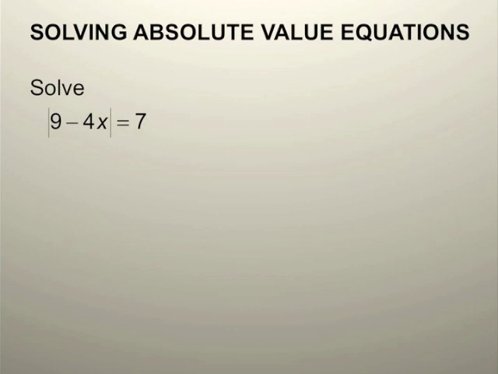So solving this absolute value equation, I've got an absolute value equals 7. That means what's inside this absolute value, 9 minus 4x, either equals 7 or 9 minus 4x equals negative 7.